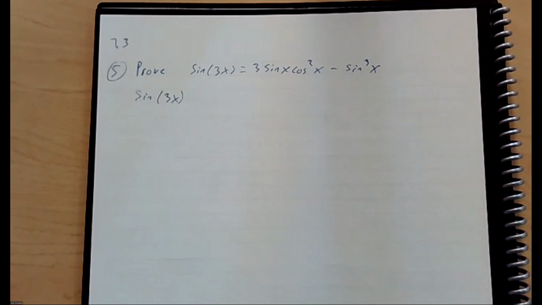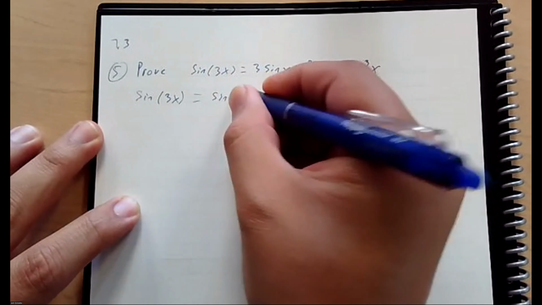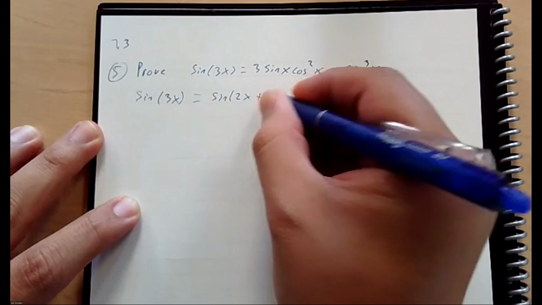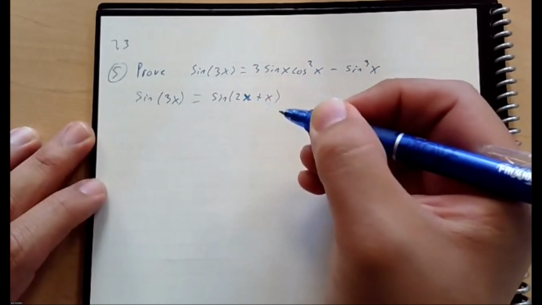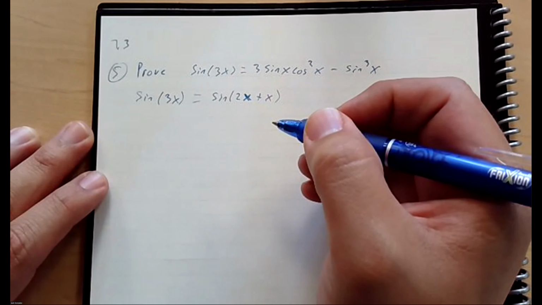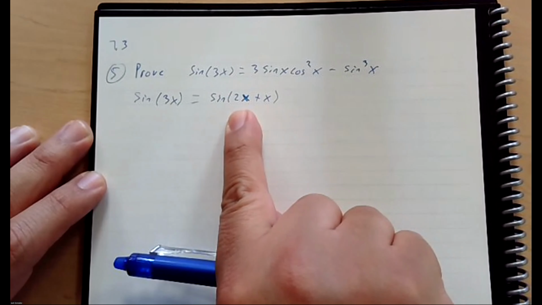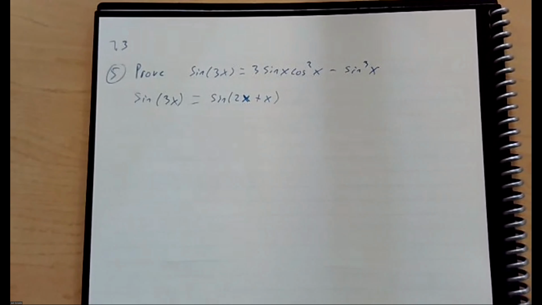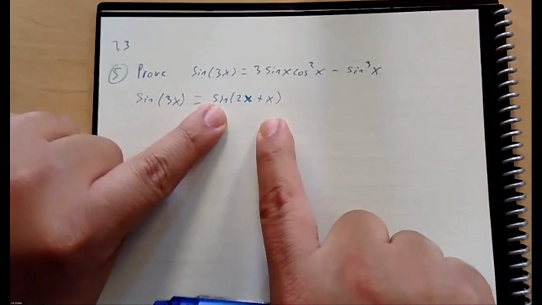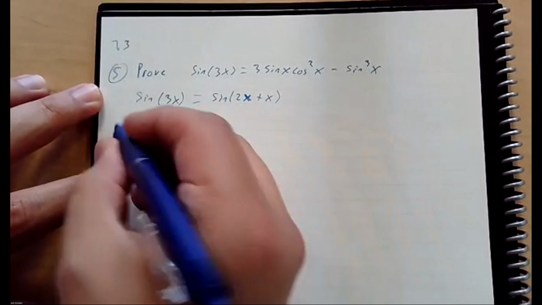So I chose 3x because I know I can rewrite that as 2x plus 1x. That's the idea, because we have that formula from 7.2, the sum of angles. And we also have double angle formulas in this section, so we can combine ideas from 7.2 and 7.3 to help us out here. Okay.